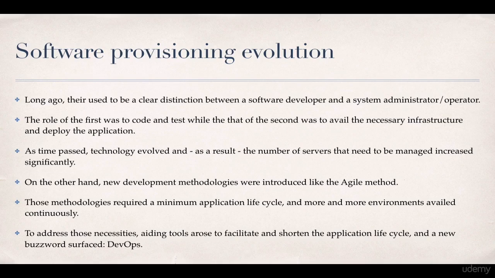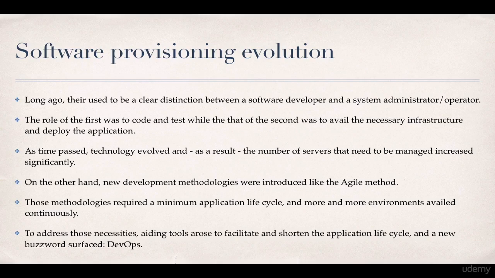This life cycle, or this iteration as it is sometimes called, should not last more than 2 weeks. So imagine how system administrators should be working hand in hand with developers to keep this life cycle to the minimum. To address those necessities, aiding tools arose to facilitate and shorten the application lifecycle, and a new buzzword surfaced.